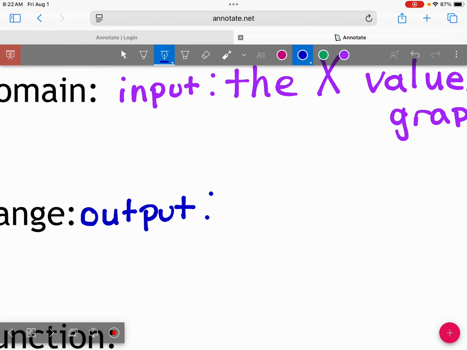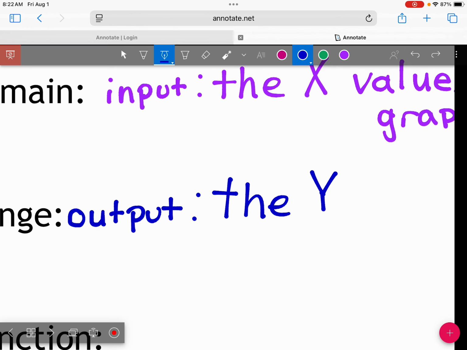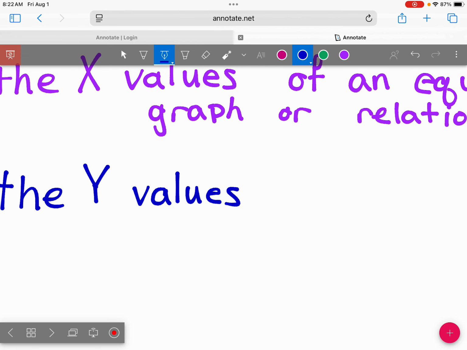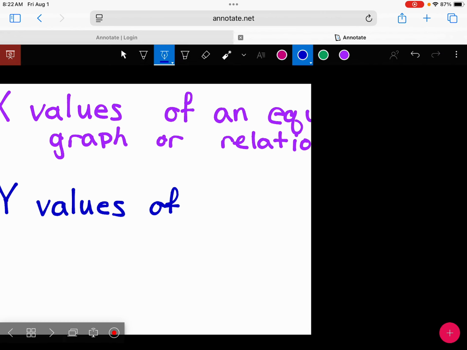And again, more often than not, it's the y values. Very little space there. Of an equation, graph, or relationship.